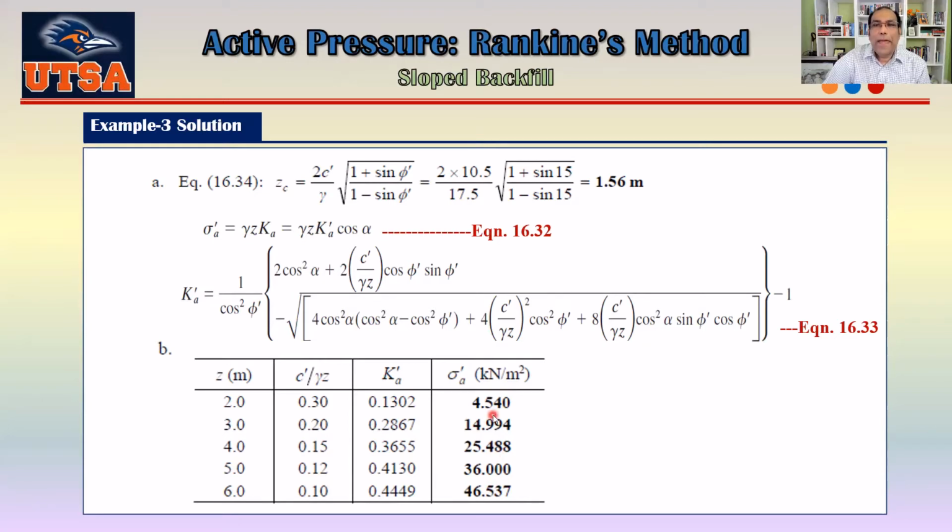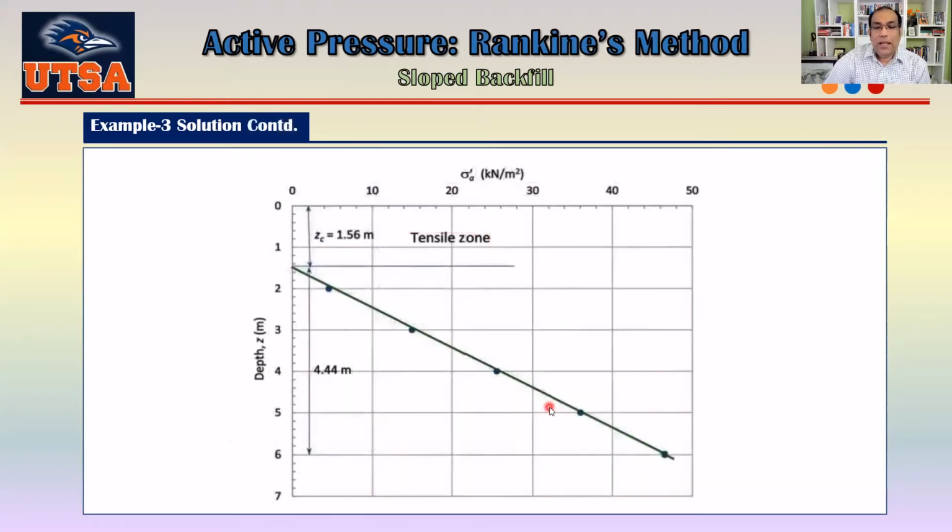Okay. So once you get this one and this one, then basically you can just draw a chart here and you can see this is your sigma A prime with your depth. So first 0 to 1.56 meter, that's your tension crack zone. So at that part, actually, your soil is a little bit away from the wall because wall is moving like this. If it is sand, this one will just go like this.